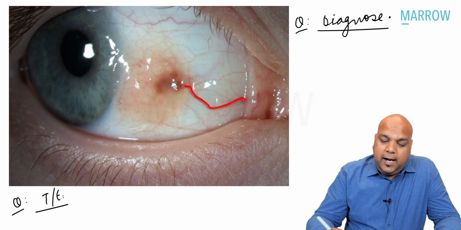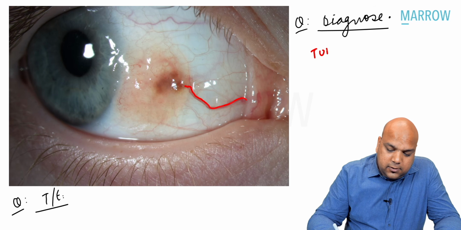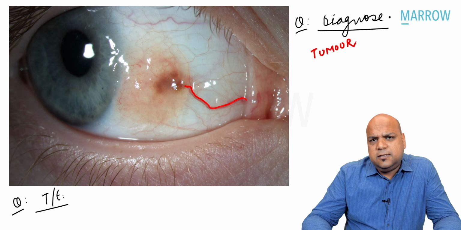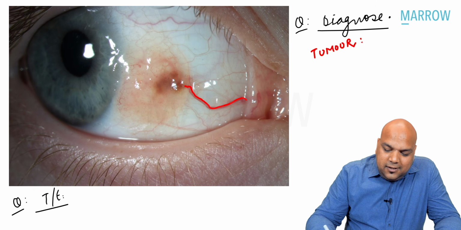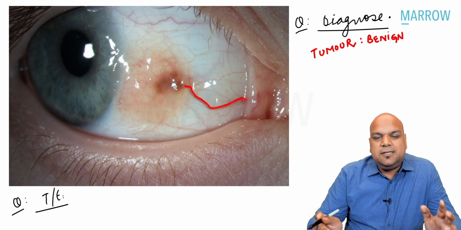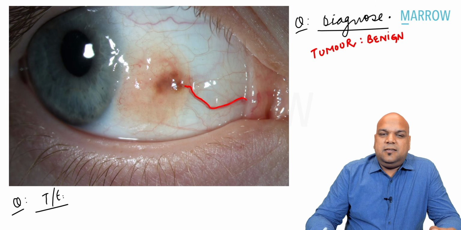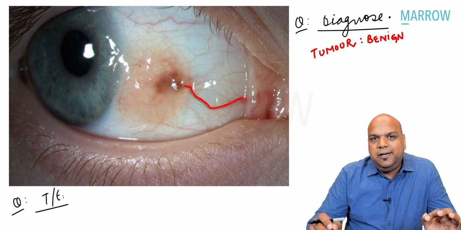Now they go on Google and they think it is a tumor. But when they tell me it's a tumor, I say, yes, it is a tumor. You are absolutely correct. It is a tumor, but it is a benign tumor. This is more like a birthmark. This is just a pigmented benign tumor.